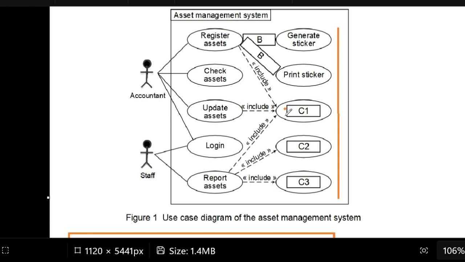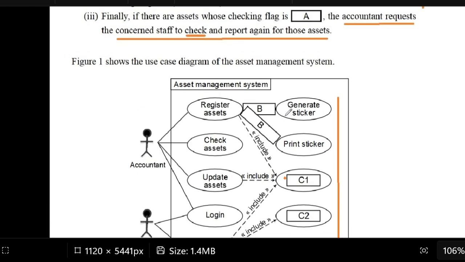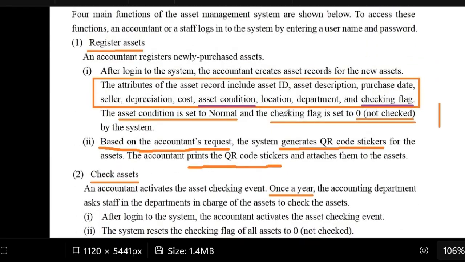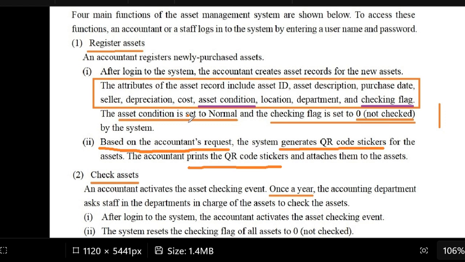There is a part in register assets where it says that we still need to generate the QR codes and the stickers. So we don't scan the QR code at all in register assets.